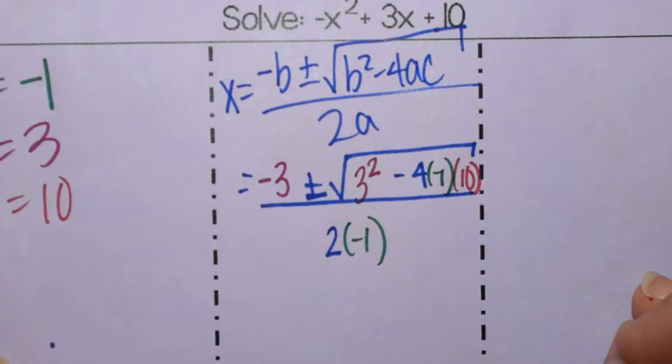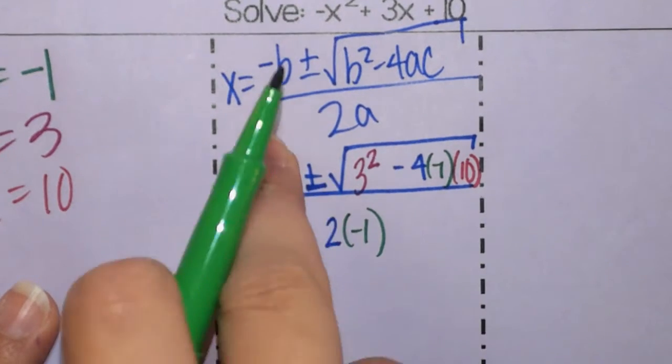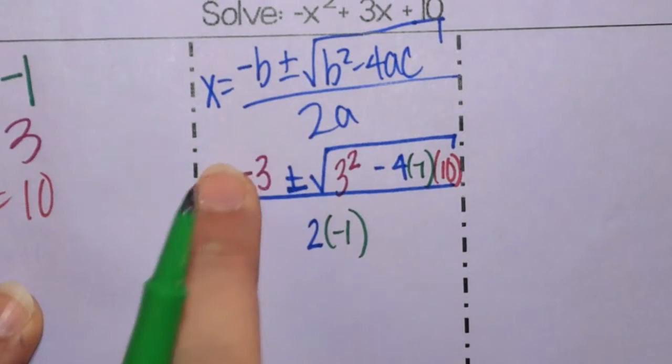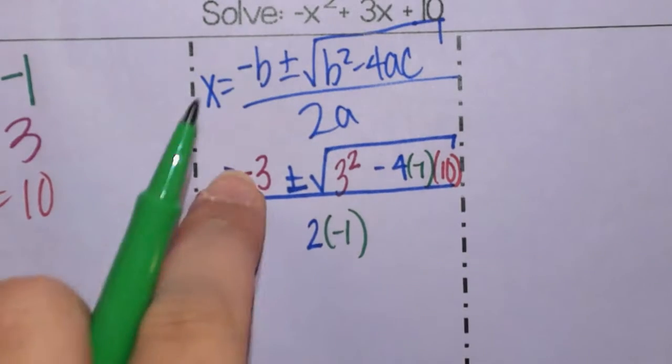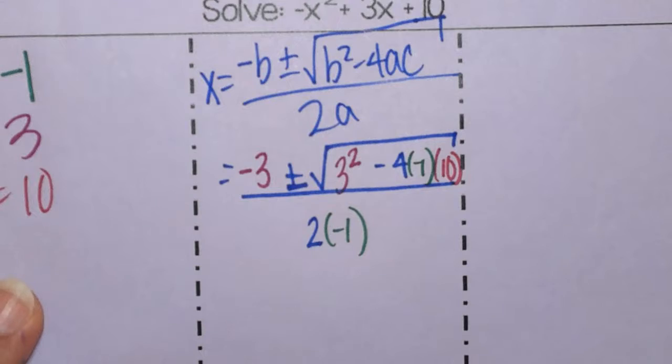Are we ready? Okay. So now, remember from here, we break it down. We have our plus and we have our minus. So we're going to add negative 3 to all this, and then we're going to subtract negative 3 in all this. And then we're going to divide. Are we ready?